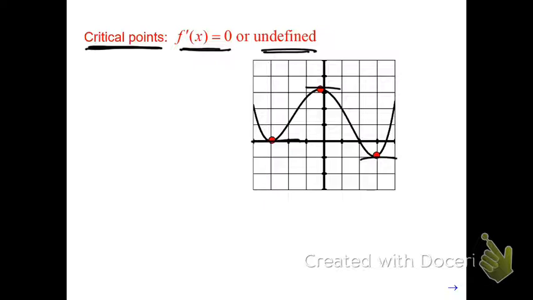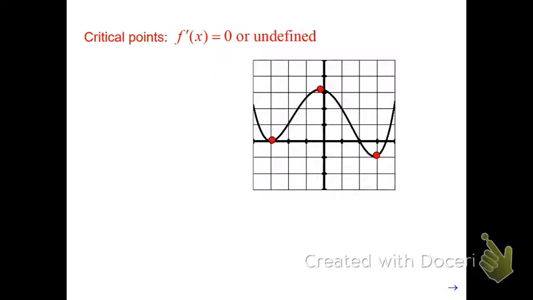Now, I don't have any undefined ones here, but an undefined critical point would be a sharp point, something like that. Remember, undefined could also be a vertical tangent. So it could look like this, if this was a vertical tangent right there. All right, so critical points: derivative is 0 or undefined.